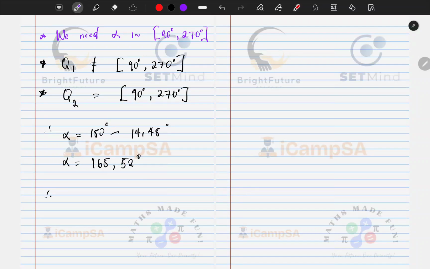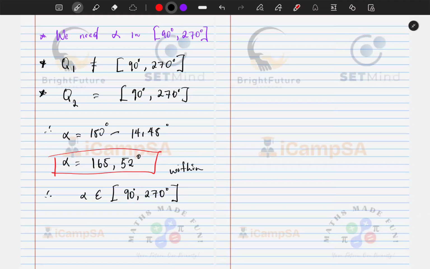And therefore this is going to be the answer, and it's within your range of alpha as an element of 90 to 270 degrees. Right, so this is how you solve that question. Quite fairly simple.